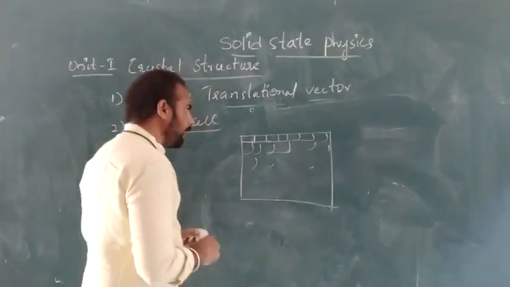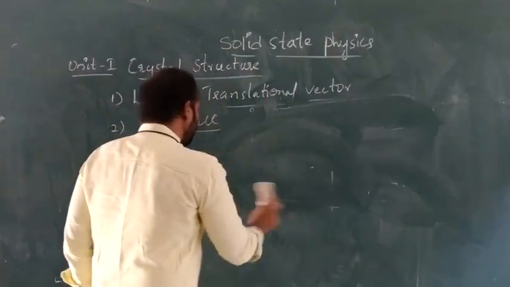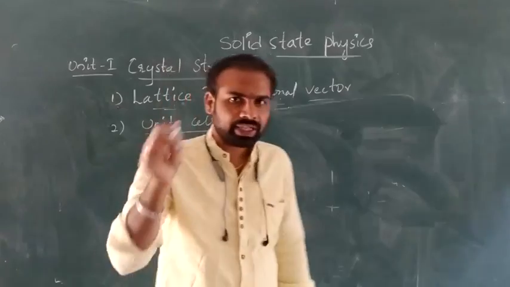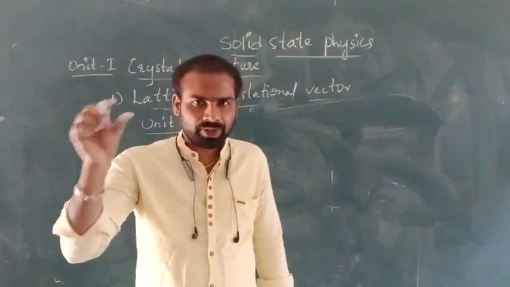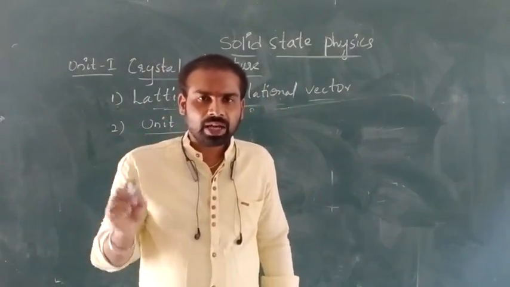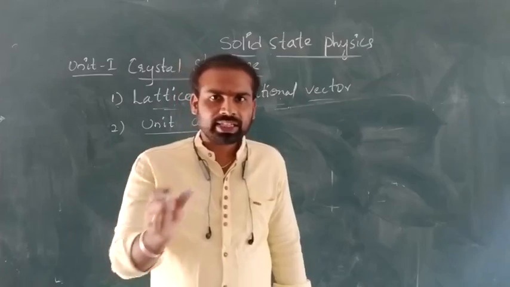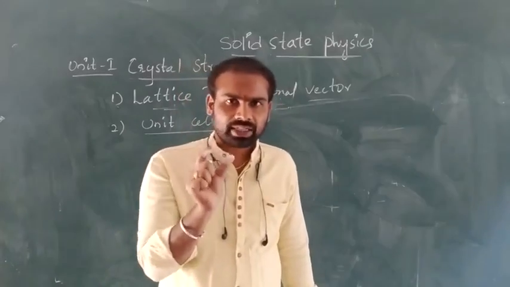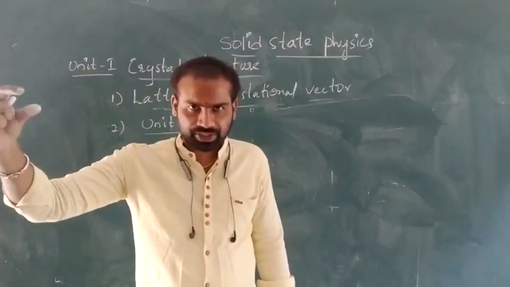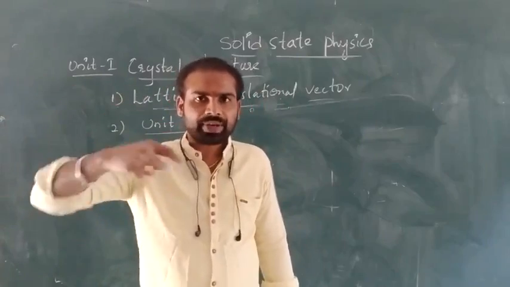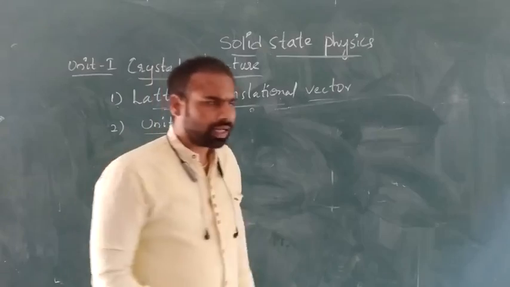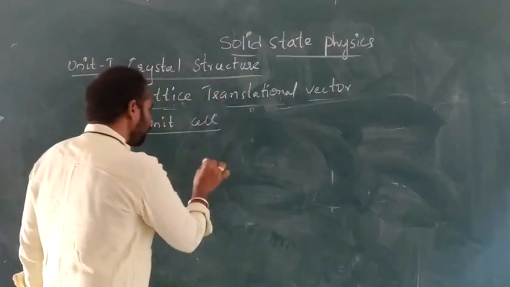Simply, the unit cell is the smallest geometrical figure, the repetition of which throughout the two-dimensional or three-dimensional space will give a complete crystal structure.